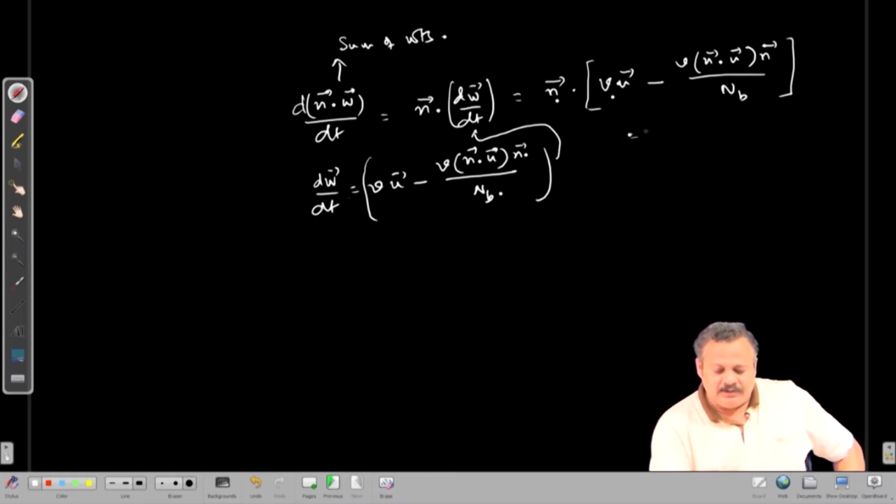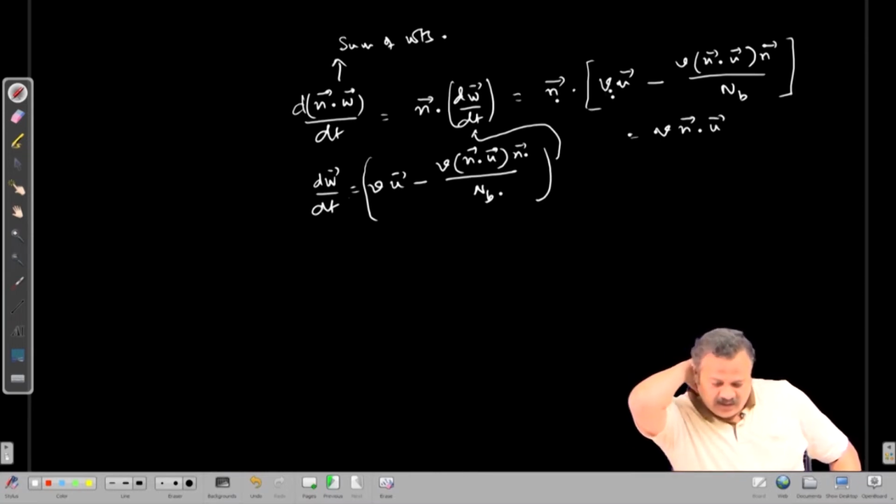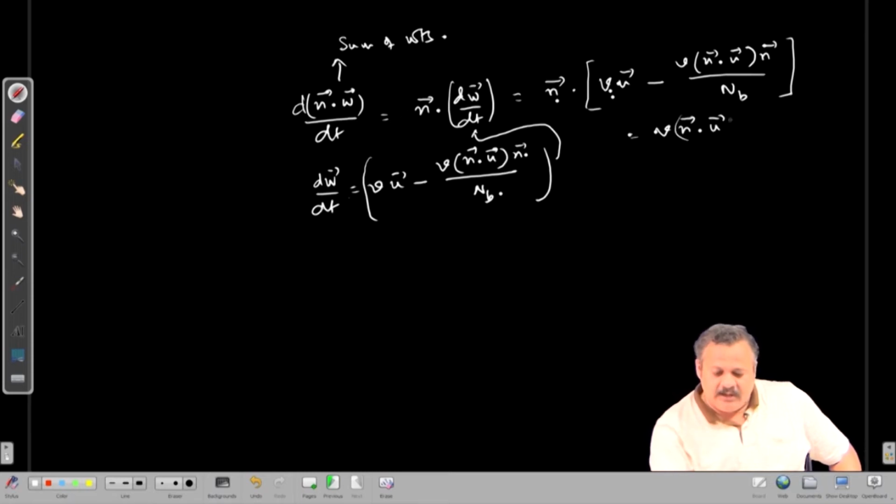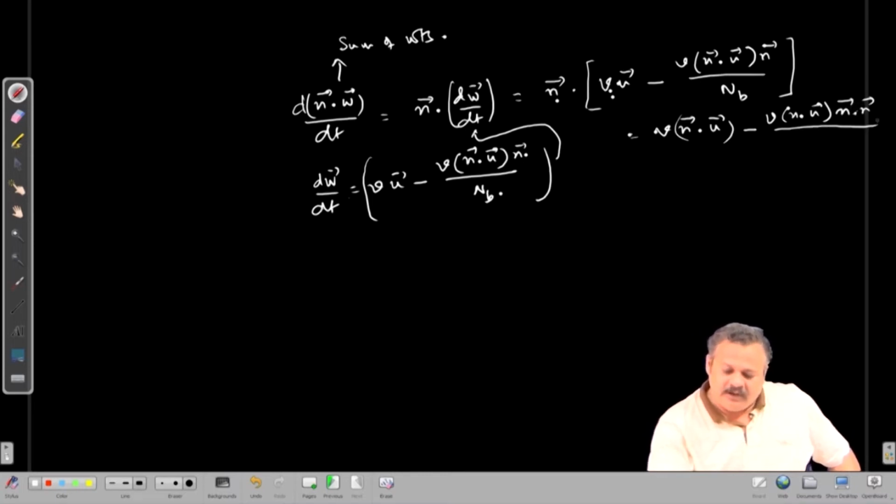So, this becomes v n dot u, because v is a scalar, we can take it out, and n is multiplied by u, and we also have the same v n dot u here, and we can plug in the n inside times n dot n divided by n b.